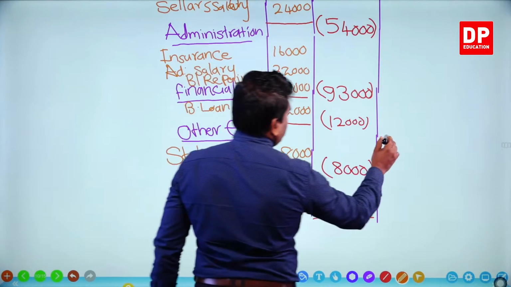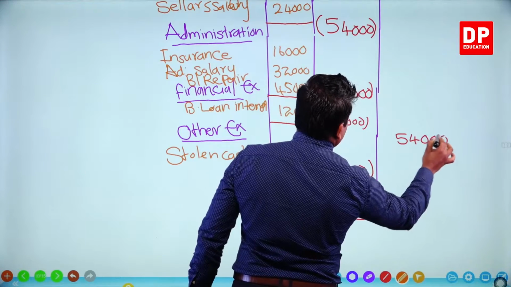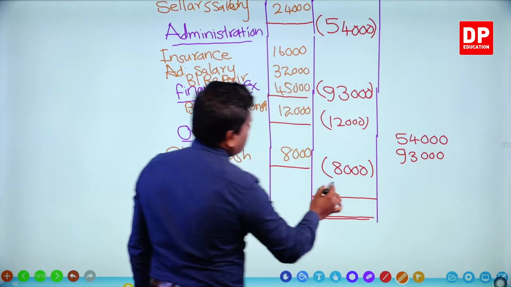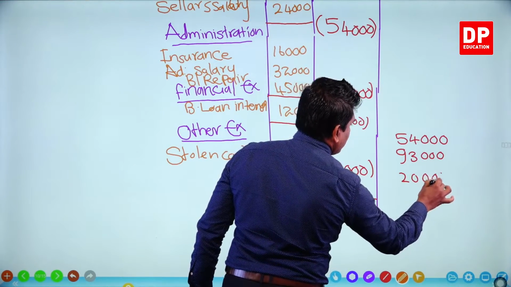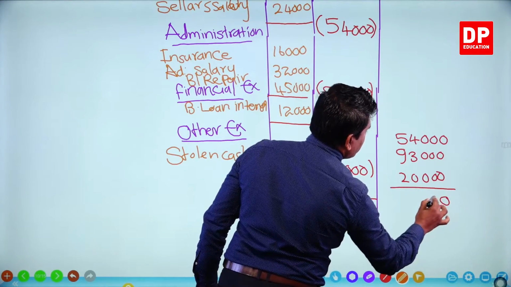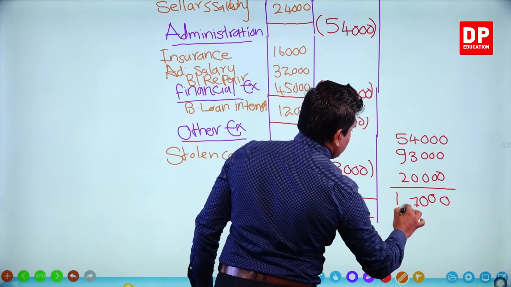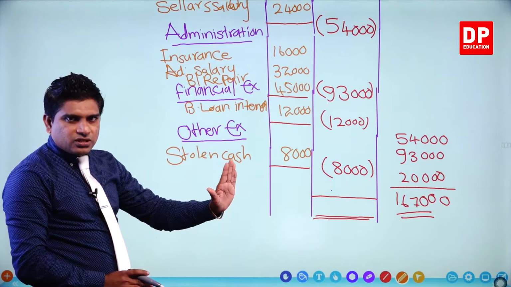Now we put it here 54,000, here 93,000, right? These two 20,000, now we put 20,000. We can find the total of these. Then 167,000 is the total expenses, right?